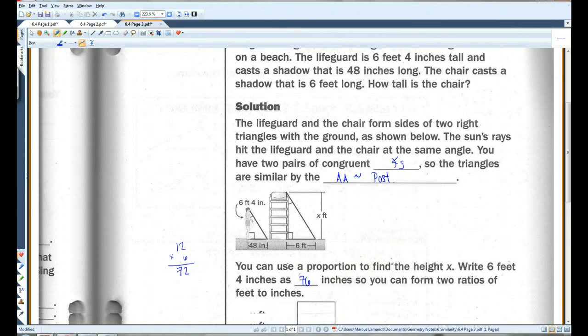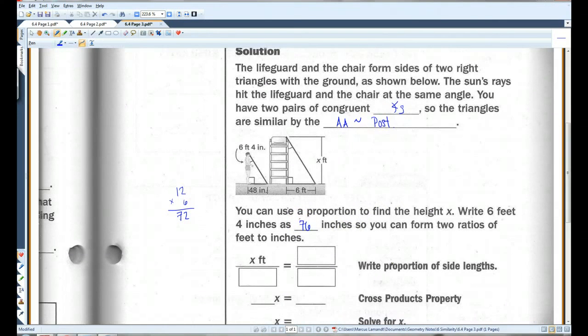So you can form two ratios of feet to inches. x feet over 76 inches equals 6 feet over 48 inches. Okay? When I cross multiply, 48x equals 76 times 6, 456.